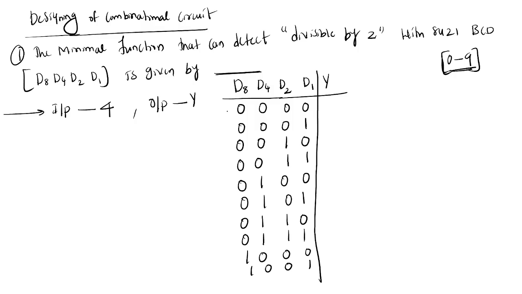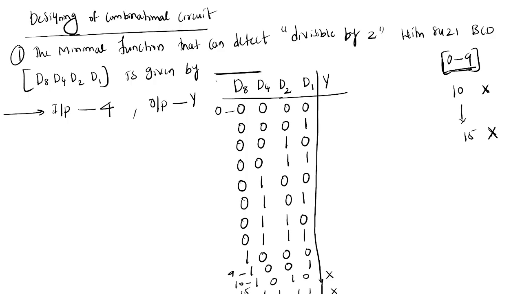From 1010, that is 10, to 15, 1111, these are nothing but don't cares. We'll consider the outputs for 10 to 15 as don't care, because BCDs are defined from 0 to 9 only.